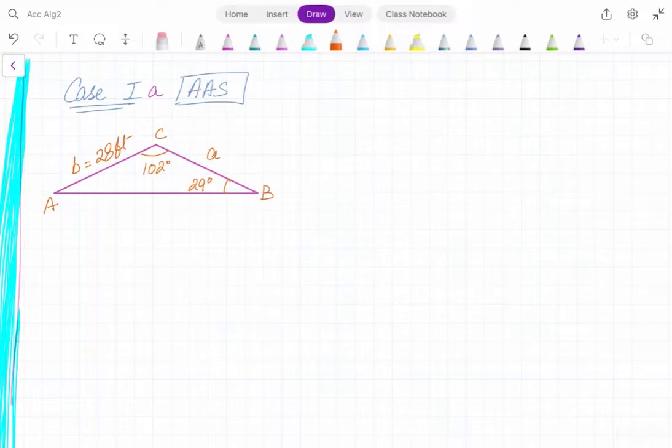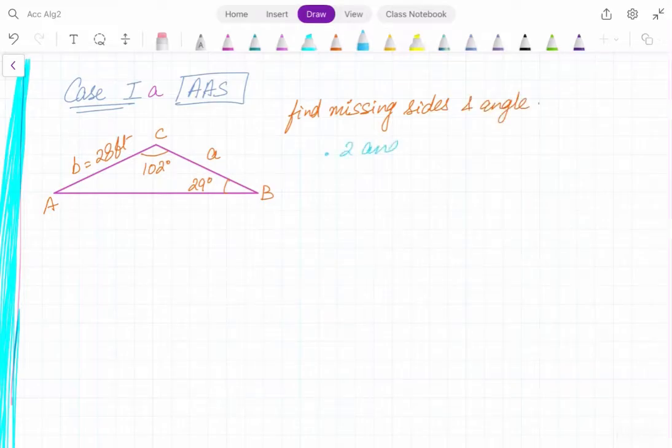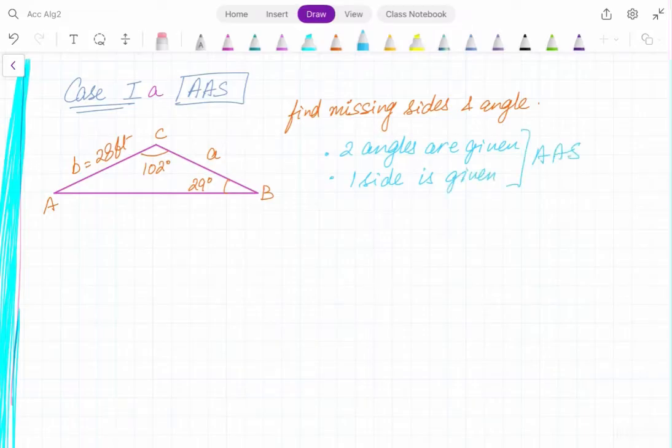They are asking to find the missing sides and any angle. Finding the angle will be easier because two angles are given and one side is given, right? So that satisfies the condition of angle angle side.